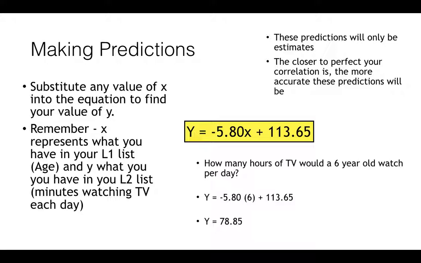If I put that into my calculator, I get 78.85. So I would predict that a 6-year-old would watch 78.85 minutes of television per day. Obviously, this is probably not accurate, but according to my line of best fit, that is the prediction. So extrapolating, stretching out from the data that we've got, this is our prediction.